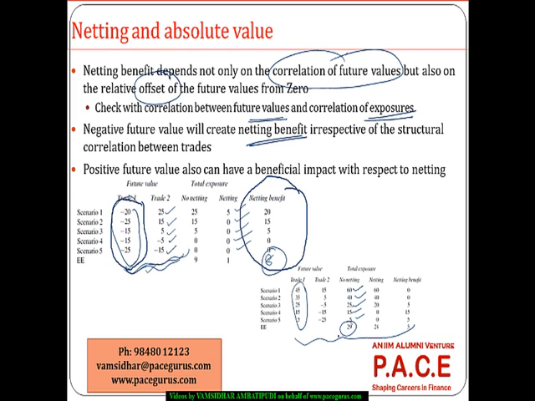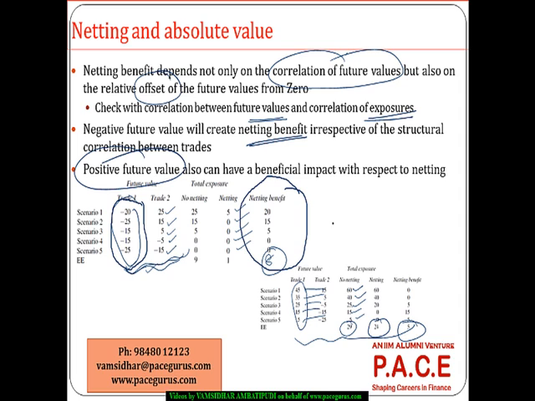So without netting, the expected exposure is 29. But with netting, add it up, 60, 40, but here it becomes 20, here it becomes 0, and here it is 0. So overall, the expected exposure is only 24, which means there is a netting benefit.